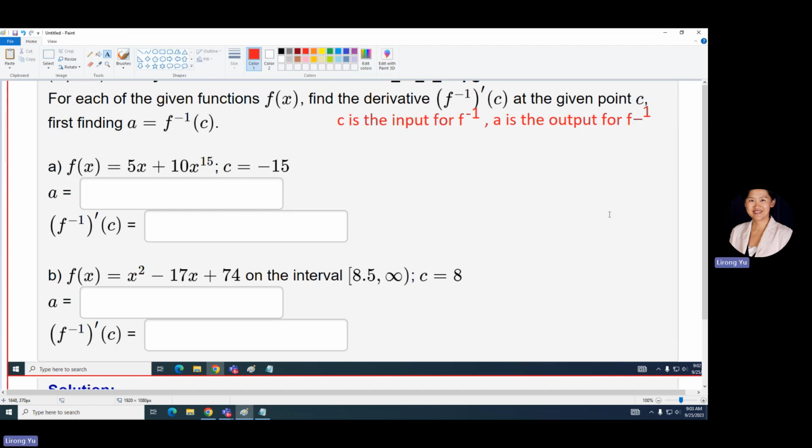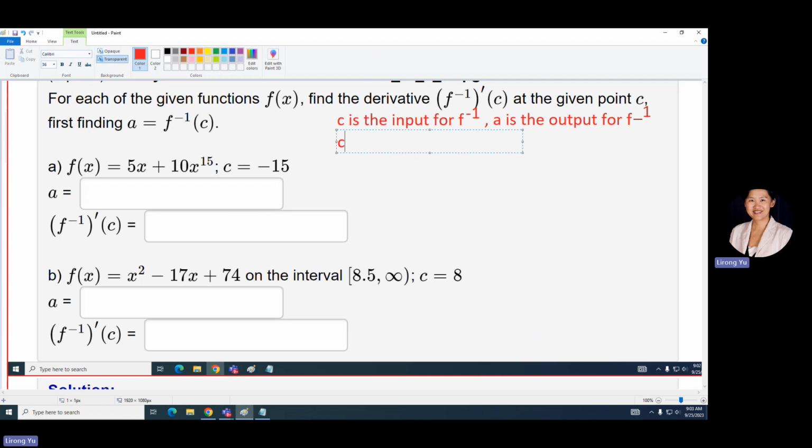That's how it's being labeled, input and output. So this is input, this is output for the inverse. Therefore, C must be the output. C is the output. That's the meaning of the inverse. Out for F, and A is the input.